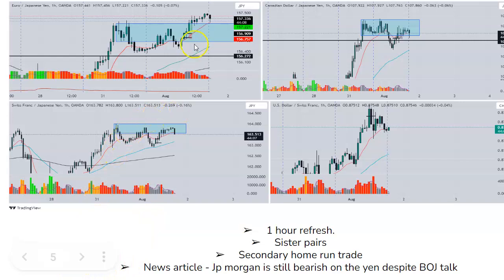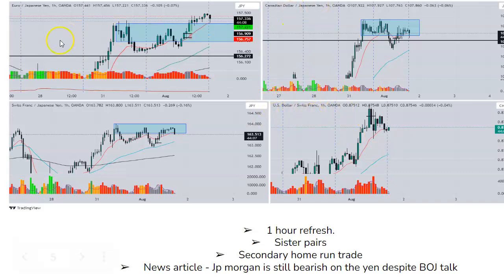So we're going to get back to that slide, but let's pull up the sister pairs. So we have Euro Yen, Canadian Yen, Swiss franc Yen, and this one right here, let's ignore this one. This wasn't supposed to be on here. This is a cross pair between the US dollar and the Swiss franc.